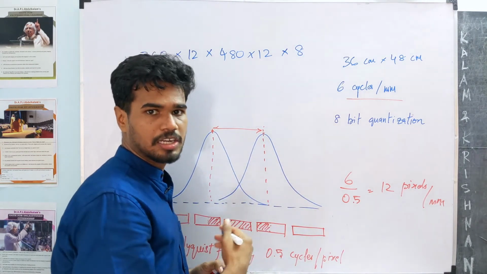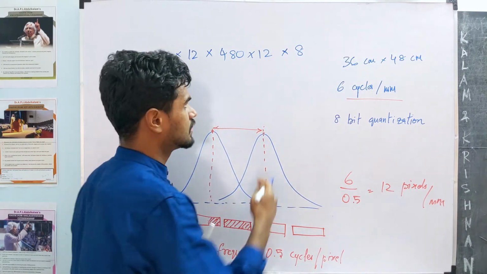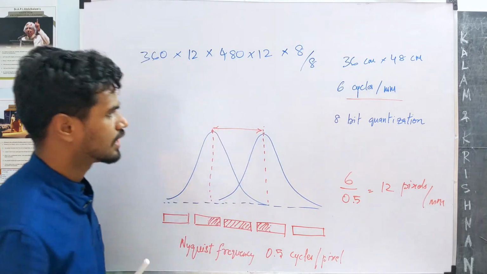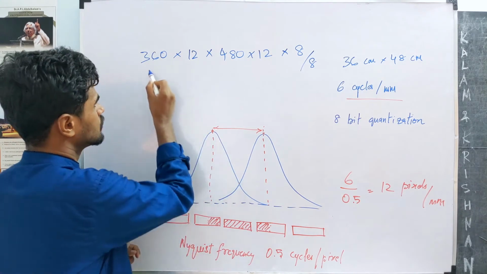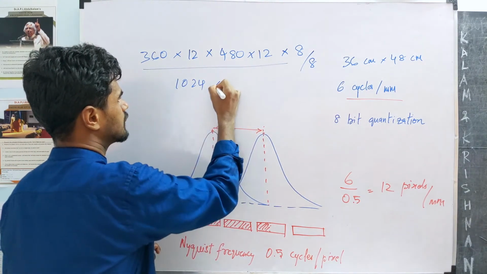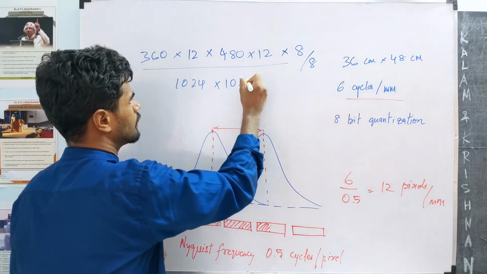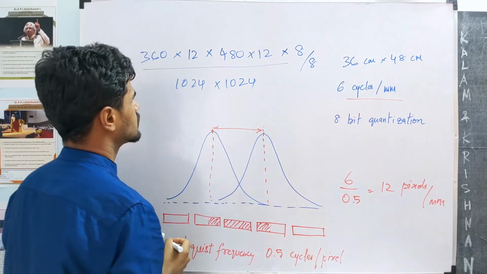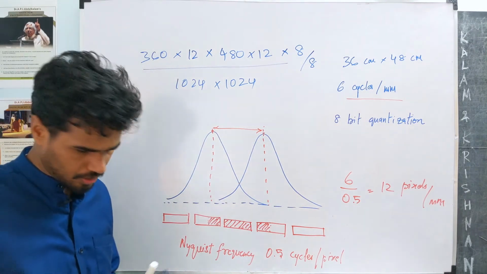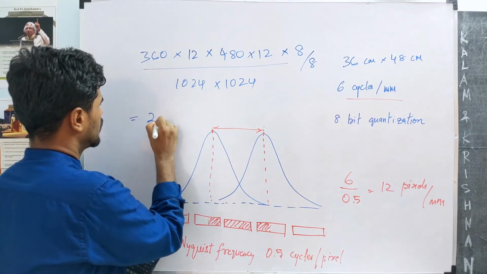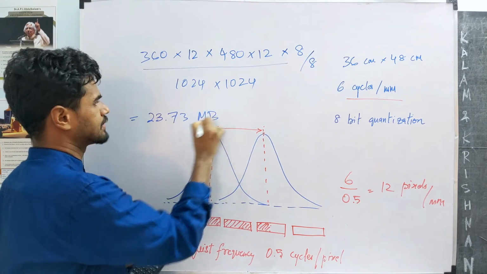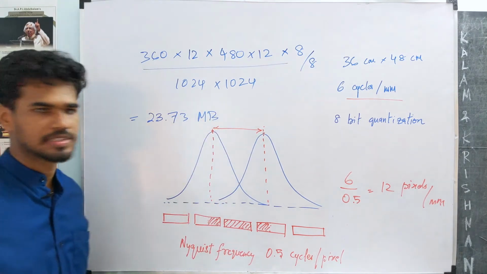Ultimately we want bytes, so divide by 8. Number of bytes, and we want the answer in megabytes, so divide by 1024 to get kilobytes, and divided by 1024 again we get megabytes. This factor turns out to be 23.73 megabytes.